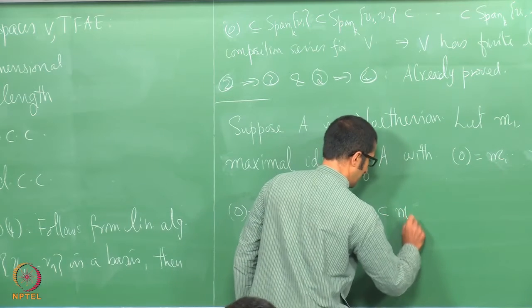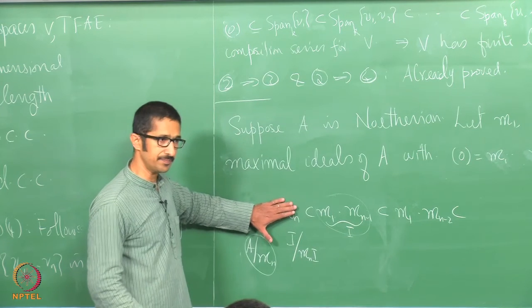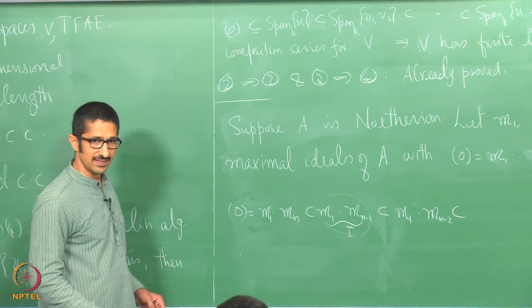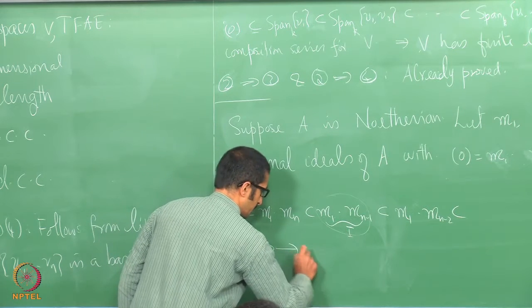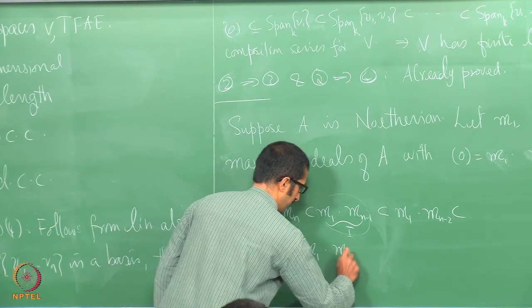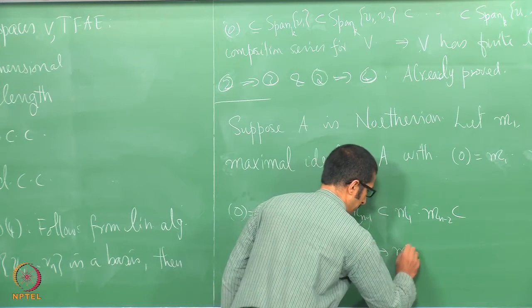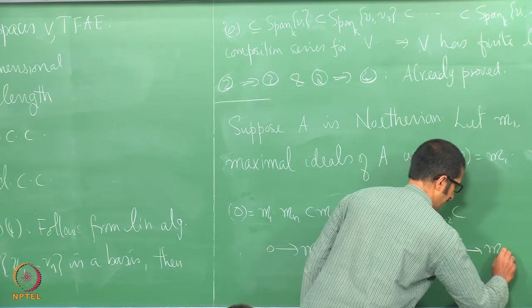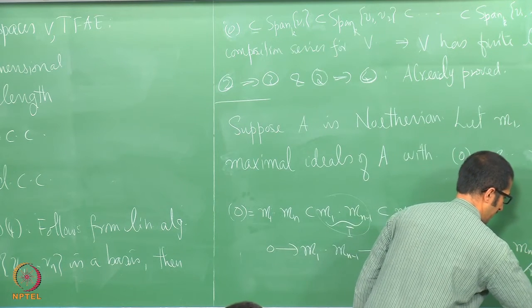Now, look at M1 up to Mn minus 2. We have 0 to M1 up to Mn minus 1, with the inclusion map to M1 up to Mn minus 2, then to M1 up to Mn minus 2 mod M1 up to Mn minus 1, then to 0.